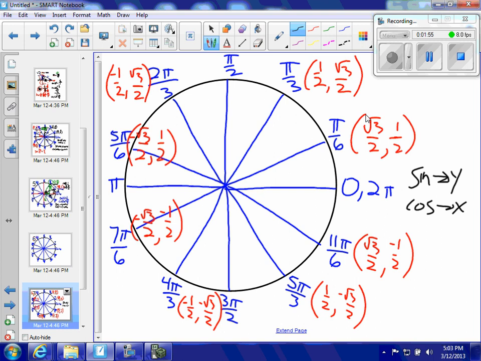What about this point right there? It's a very interesting point. It's on my initial side. This point on the unit circle, my x value is 1. My y value is 0. So at that point on the unit circle, let me just move this a little bit.